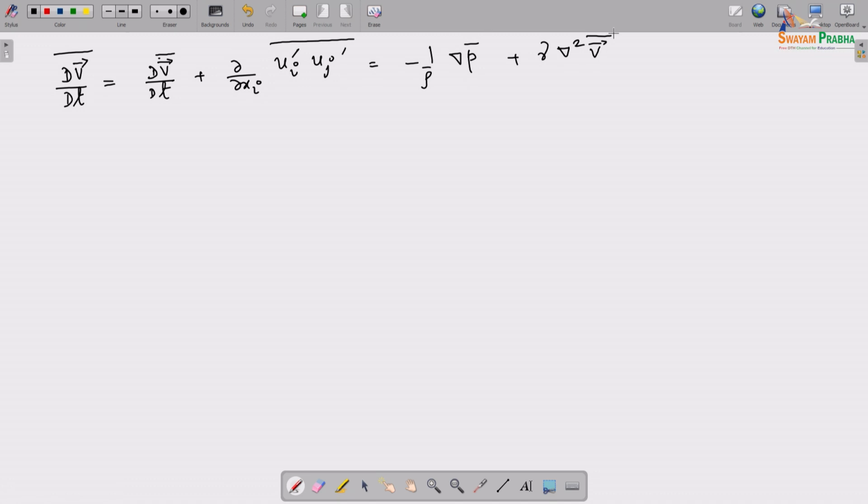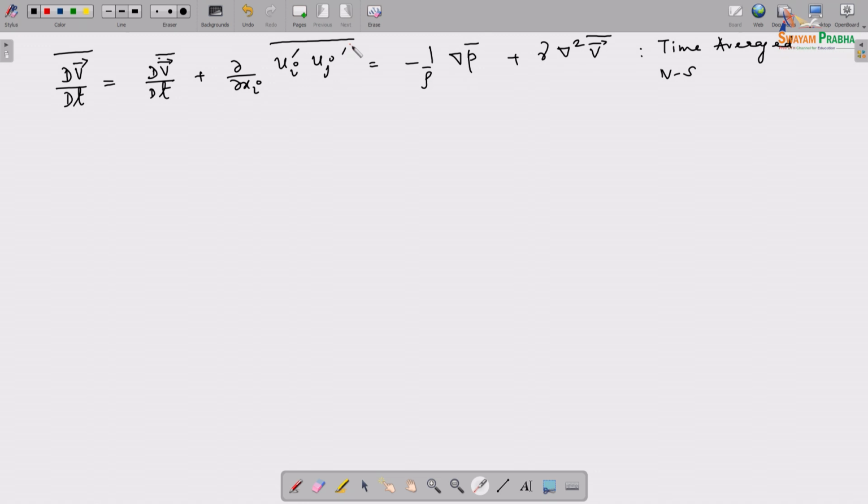So this is the equation that we developed last time, and this is nothing but the time averaged Navier-Stokes equation, right? The bars that we see here represent the time averaging. The primes represent the fluctuating part of the velocity.